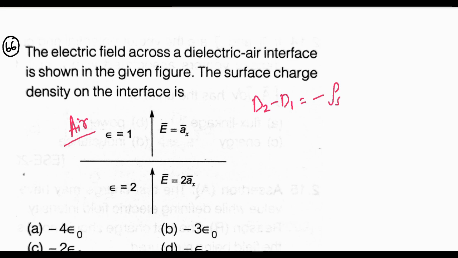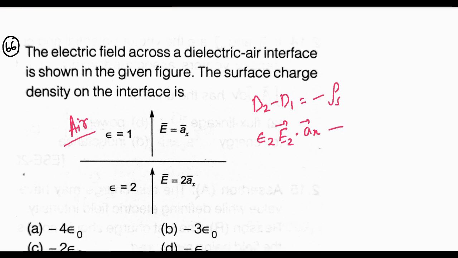What is D2? D2 I can write as epsilon 2 E2 in vector form, dot a x. Here this is the dot multiplication.